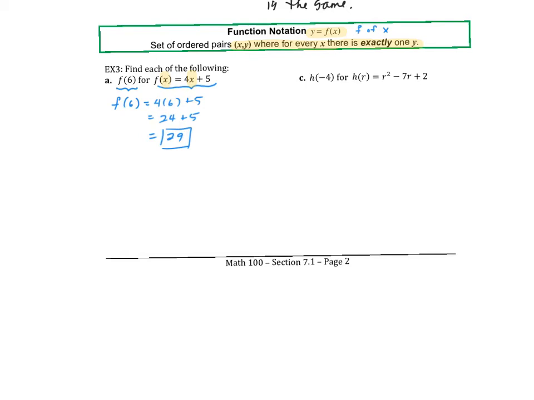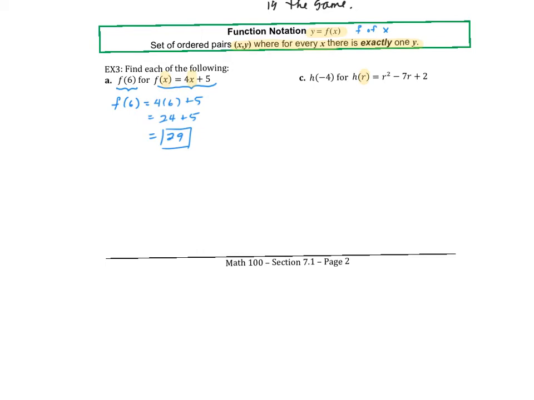Let's try another one. In C, and I took out B because there were just too many examples, we have h of -4. And that tells me that in my function, and this time there's no x value, we're using the variable r, h of r is equal to r squared minus 7r plus 2.